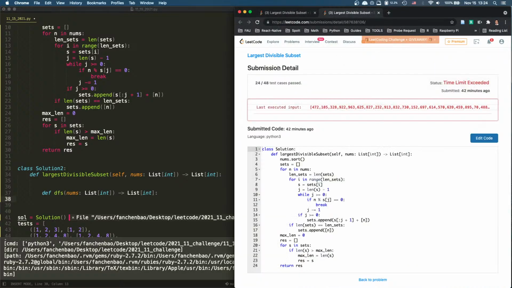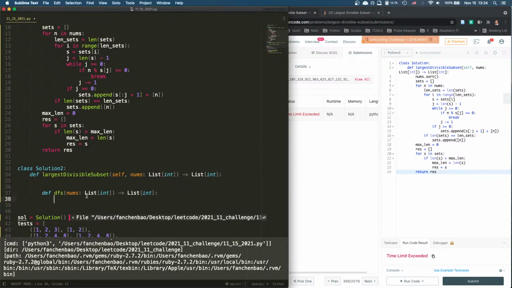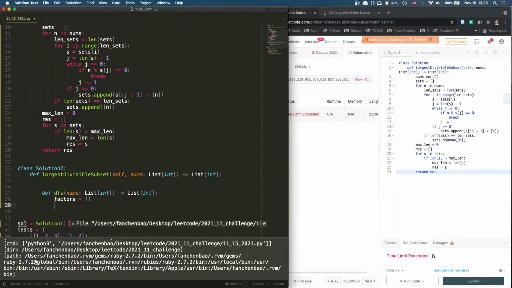So when we have nums, hold on, let me check. Oh, we only passed half of it. Jeez, that's way worse than I had expected. So that's right, and well, first of all, we're gonna go for the smallest, right? We're gonna check the smallest. So we're gonna say factors that we have checked is this. We don't know.